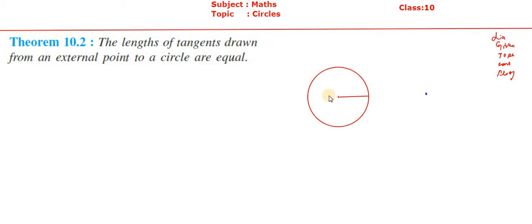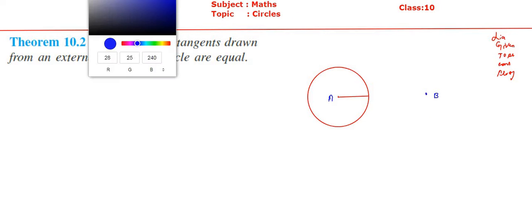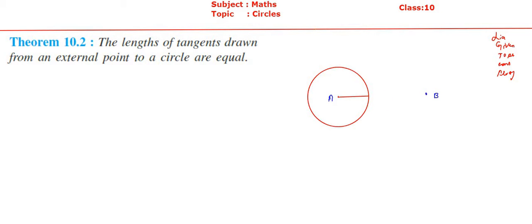Call this point A, and call this point B. So this is the external point. Now take this line and extend it.